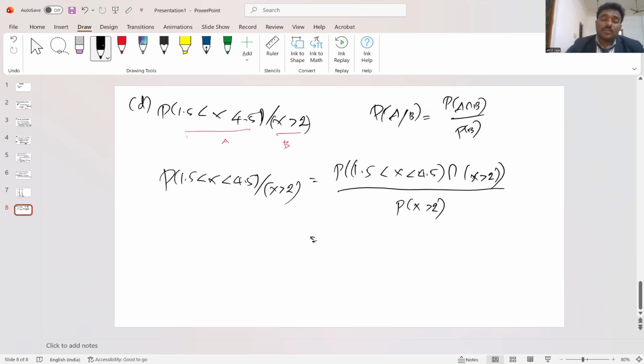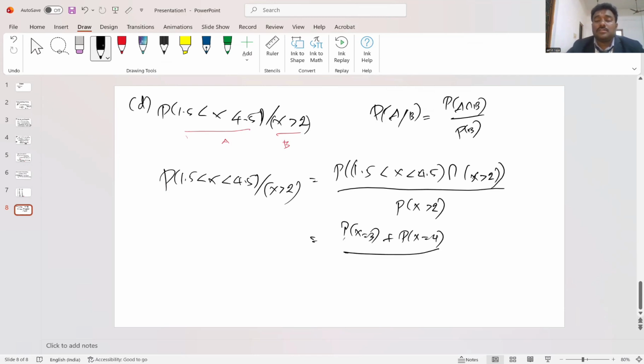Now, since it is discrete, the values from 1.5 to 4.5 are 2, 3, 4, and the other starts from 2. So all together, if you put the intersection, you will get only probability of x equal to 3 and probability of x equal to 4.